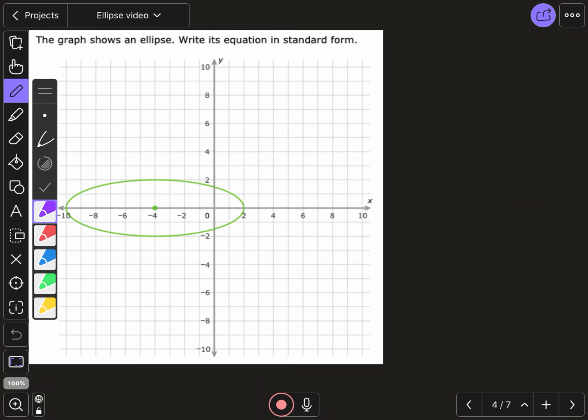So first thing I want to notice is where my center is. So that's at -4, 0. And then I want to see that this is longer in the x direction, so kind of counting what that is. From -4 to -10 is 6 units, and from 0 to -2 is 2 units.